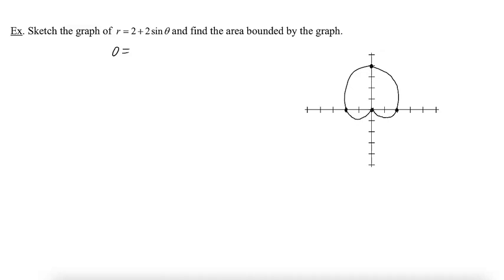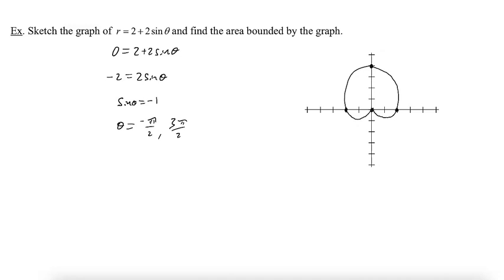So if I do 0 equals 2 plus 2 sine of theta, and I solve for the places that the radius is equal to 0, I can have negative 2 equals 2 sine theta. Divide over that 2, so sine theta equals negative 1. And sine theta equals negative 1 when theta is like negative pi over 2 and 3 pi over 2.